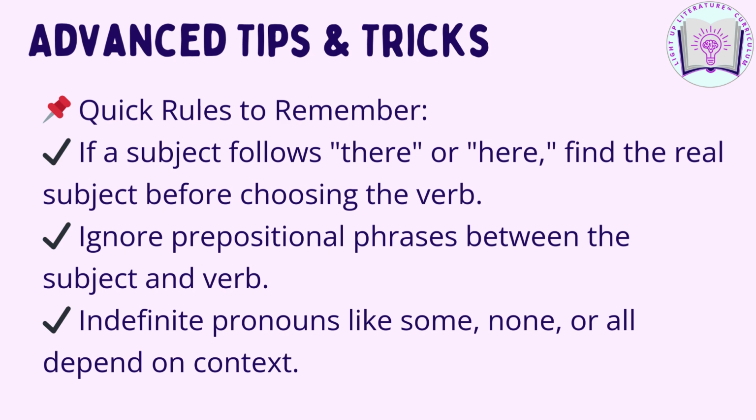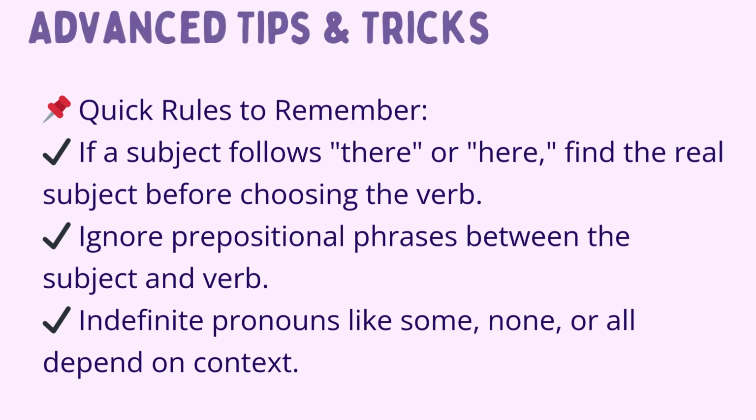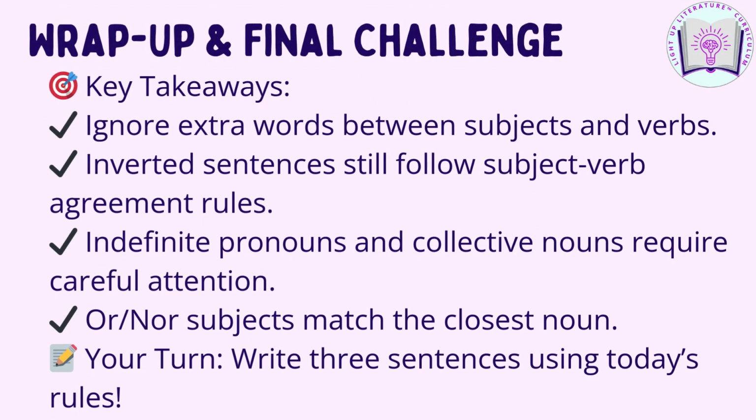All right, now tips and tricks. Remember, if the subject follows there or here, find the real subject before choosing your verb. Ignore prepositional phrases except when they're connected to indefinite pronouns like some, none, all. And our final challenge and takeaway: ignore extra words.